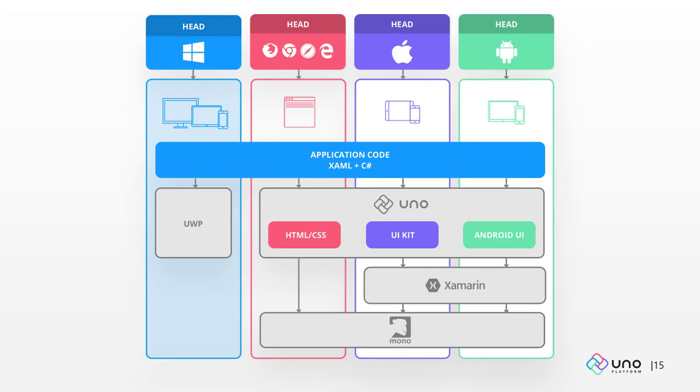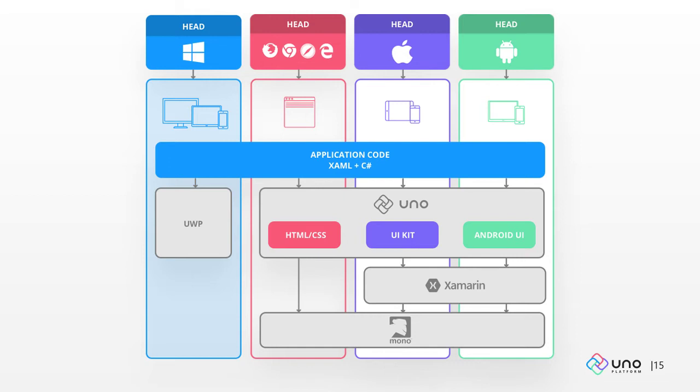So in case of Windows, your code is running directly against Windows APIs. So there's no layer of indirection. You are just running directly against Windows, and so the performance is perfect, and there is no difference from how you've been developing UWP applications before.